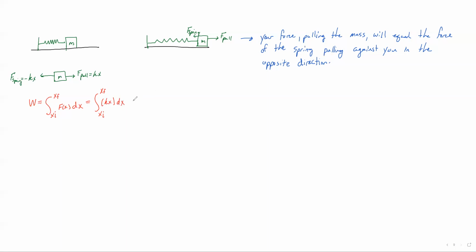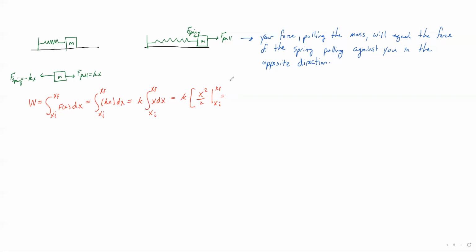Oh, k is just a constant, right? So I can pull the k out of the integral, xi to xf. It gives me x dx. Okay. What's that integral? Well, you should have learned that in calculus, but that integral is x squared over 2, evaluated from xi to xf.